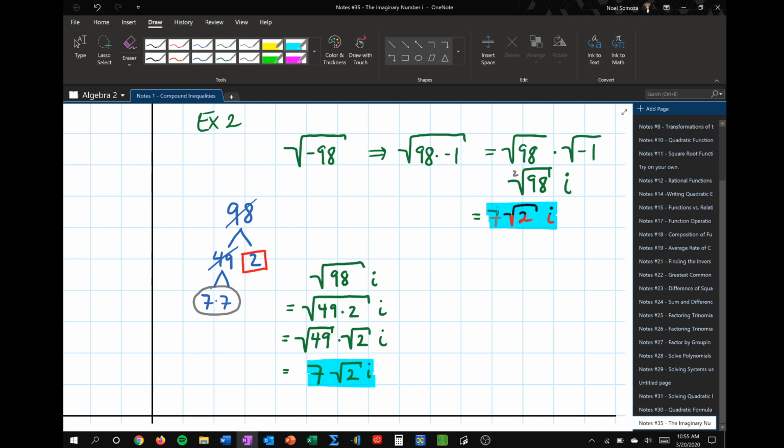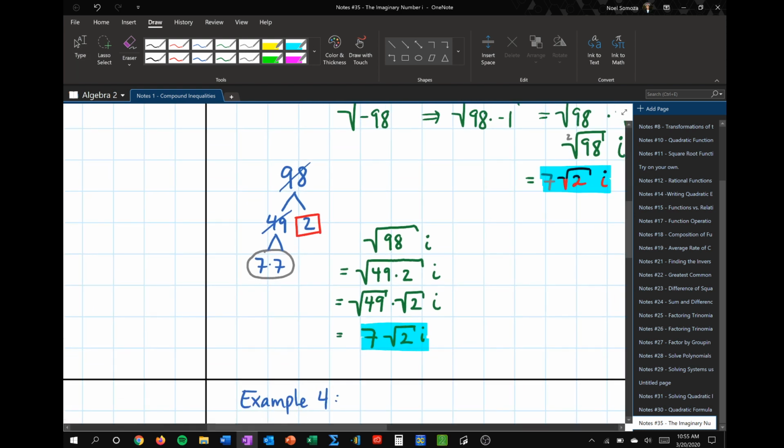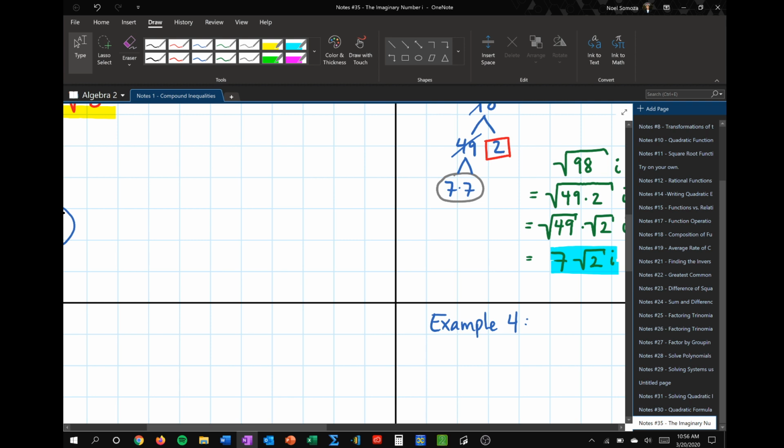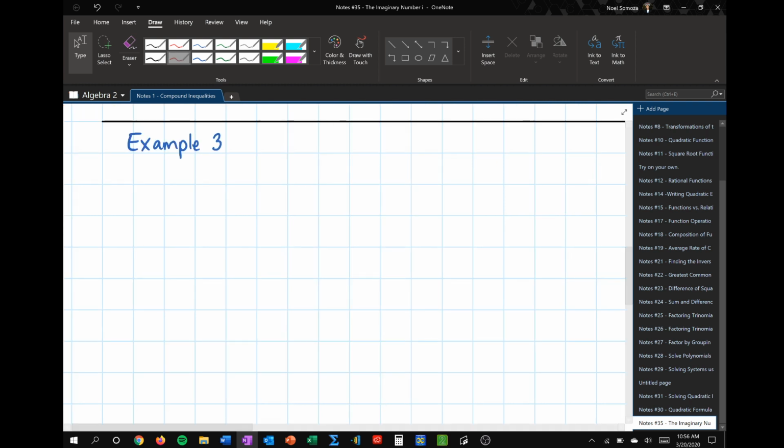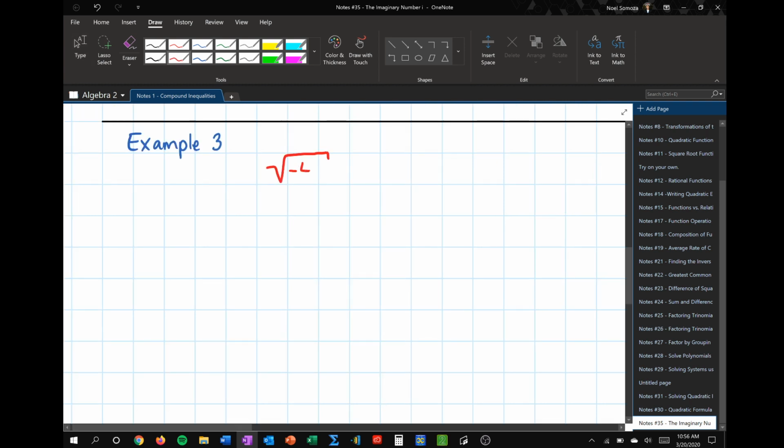Okay, so let's try the square root of negative 48 for this one. So, square root of negative 48.